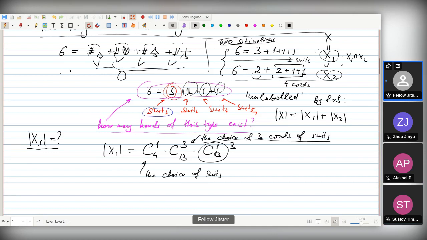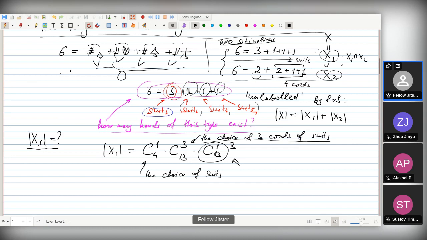So we should multiply it by 13 to the power 3. Why to the power? Because here we have an ordered tuple. It is important whether we take jack of spades or queen of spades.